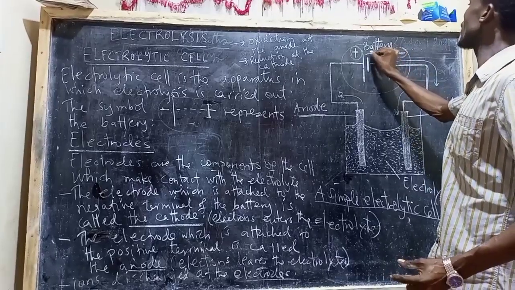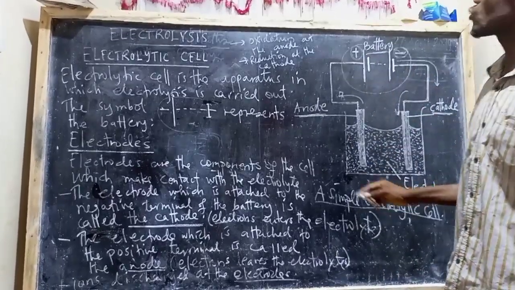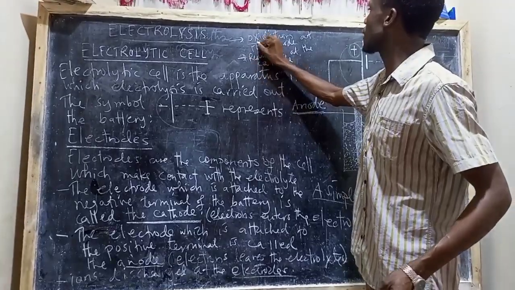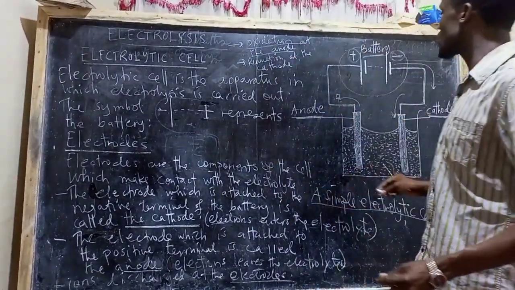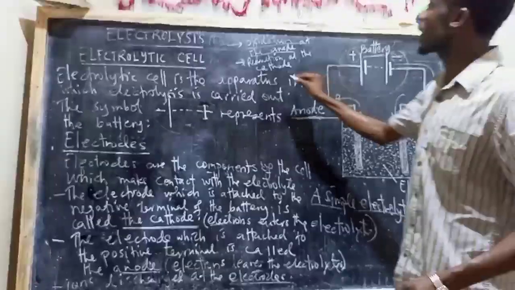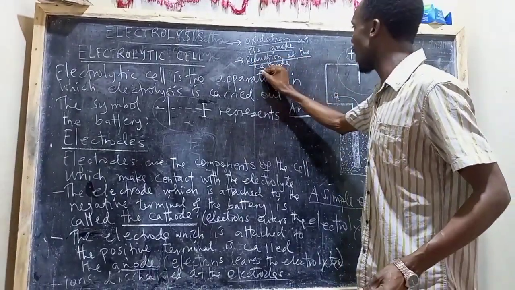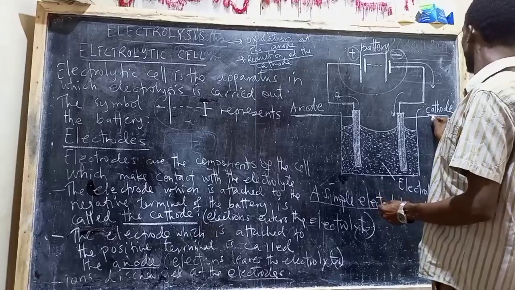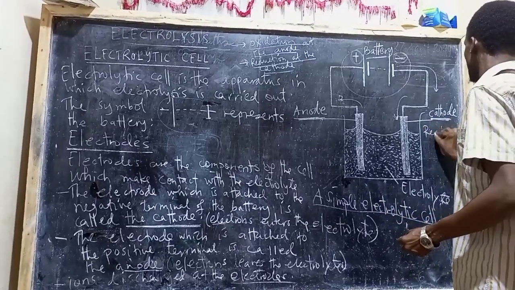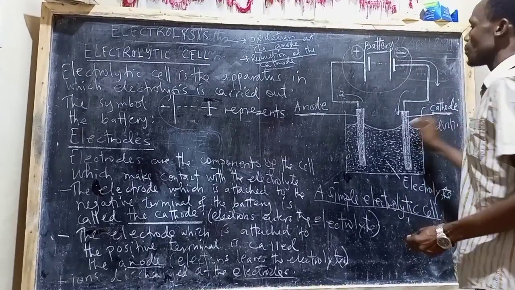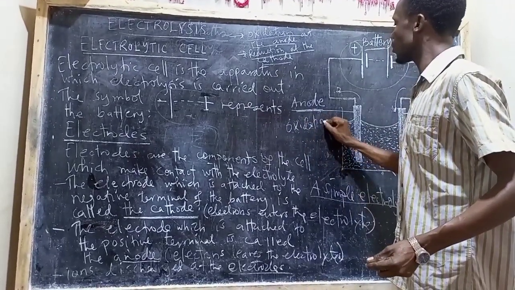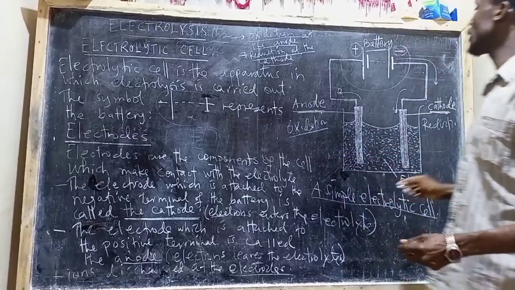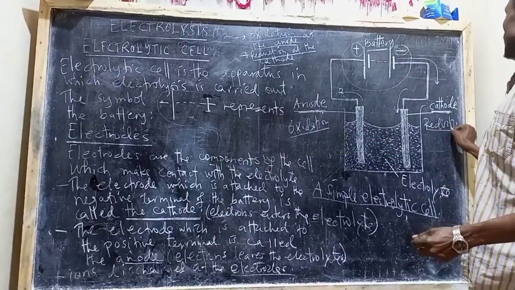We have the battery as the source of electricity. Oxidation takes place at the anode and reduction takes place at the cathode. Here there is reduction, but here there is oxidation.